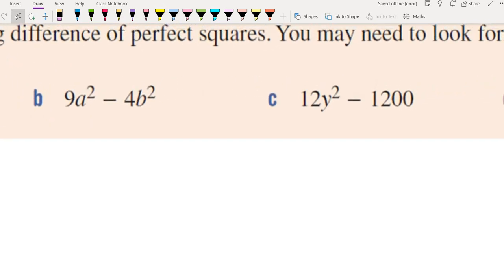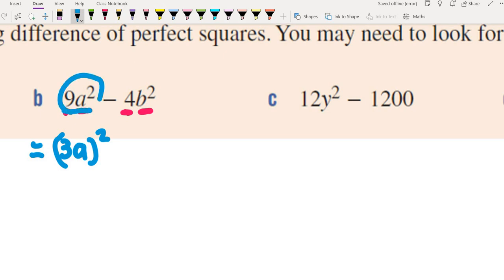So over here, you might think, oh, we have something squared minus something squared, so we can use difference of perfect squares right away. However, we just have the a squared and the b squared, and not 4 and 9, they're not squared yet. So we need to turn them into something squared. So you know 3 squared is 9, so we can put it as (3a) all squared.